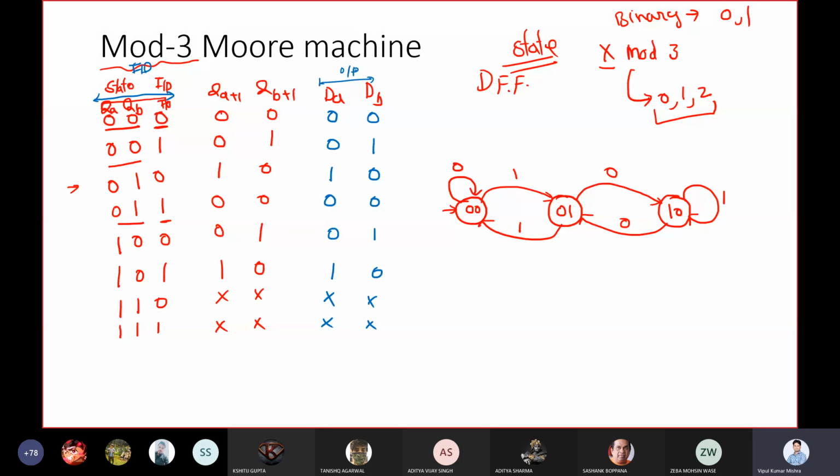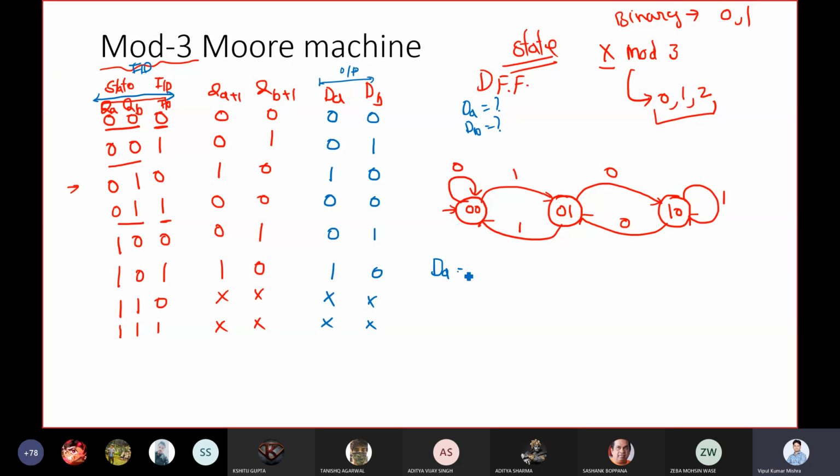Can you find the equation for DA and DB? Yes, sir. What we'll do is simply make a K-map for DA, then a K-map for DB, and we can easily figure out the DA equation and the DB equation, right? So can we do that?